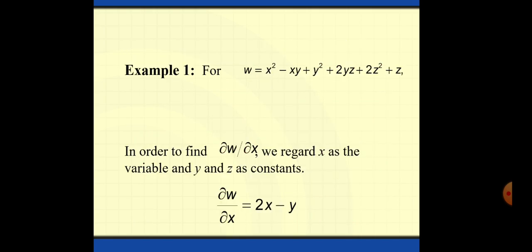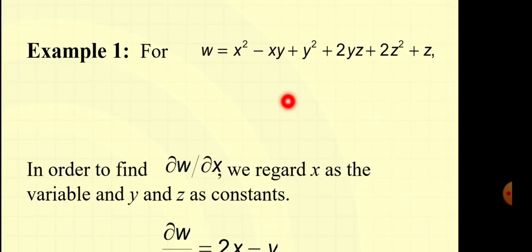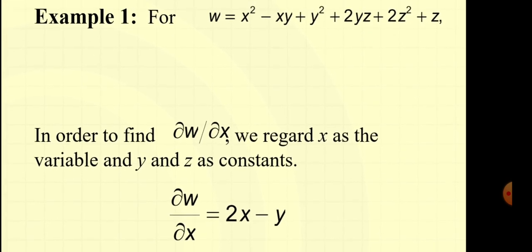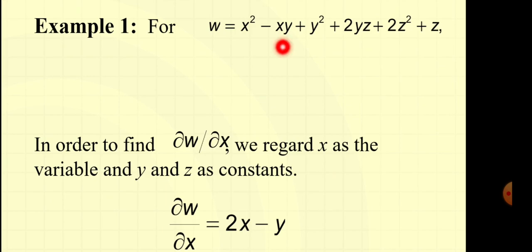For example, if you have this function omega equals x squared minus xy plus y squared plus 2yz plus 2z squared plus z, and you wanted to find partial omega partial x, you have to consider the differentiation with respect to x, and y and z are constants.